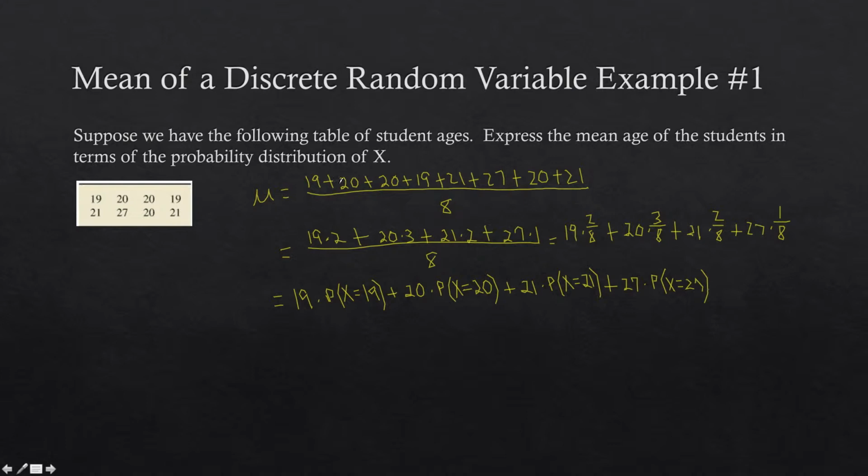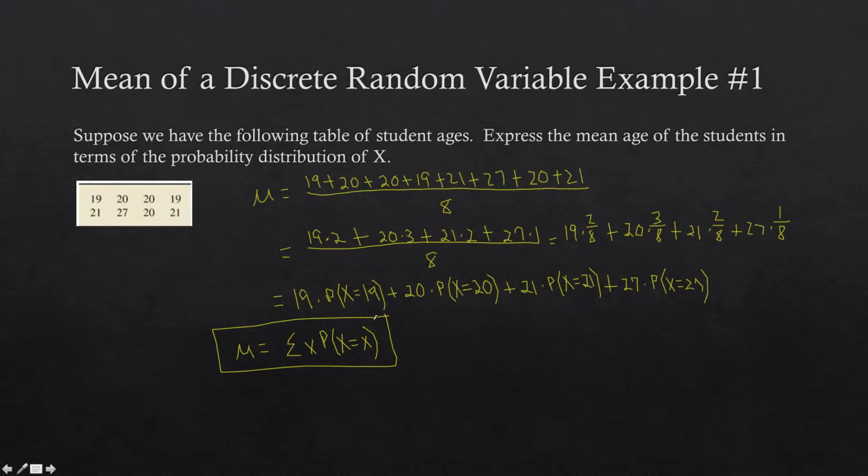So what we can essentially say is that the population mean is the same thing as the sum of x times the probability distribution. So this is the formula that we will be using to find the population mean of a probability distribution or a discrete random variable.